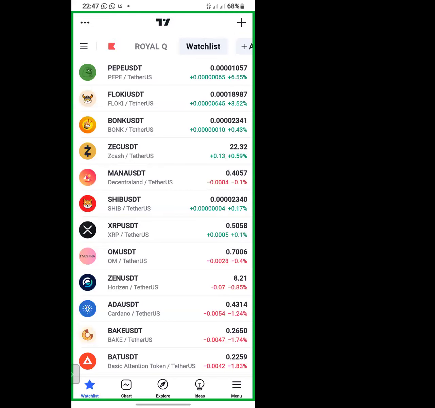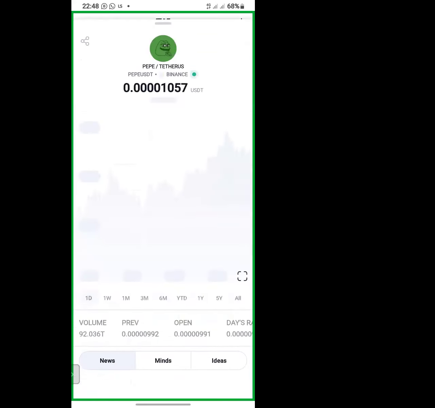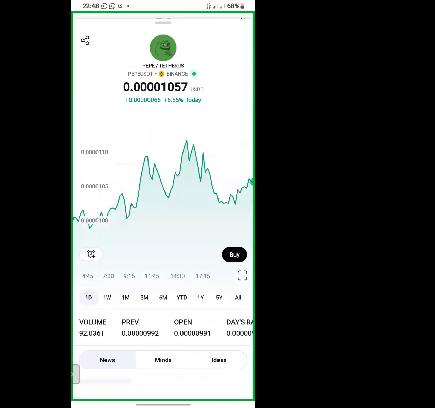Then we shall be able to go somehow deep. For those who are interested to go deep in crypto, we shall be looking at some other stuff in the crypto market. If you want to monitor or go to the chart and analyze a coin, you just click on the coin you're going to.